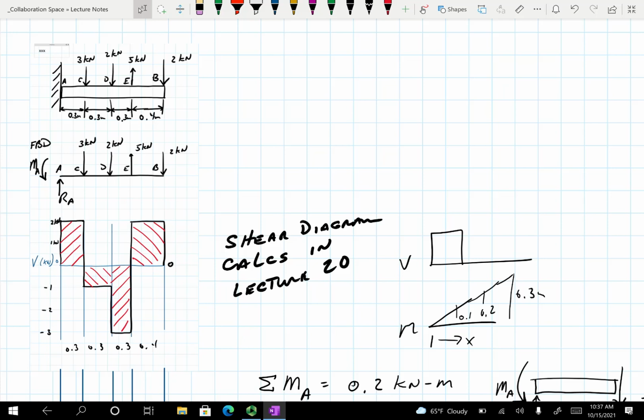We need those forces because moments are forces times distances, right? So ideally, other than starting with this moment up here, we would normally just take this force at some distance across here. So 2 times 0.1 would be 0.2, right? Except we already have the negative, or the 0.2 out here.